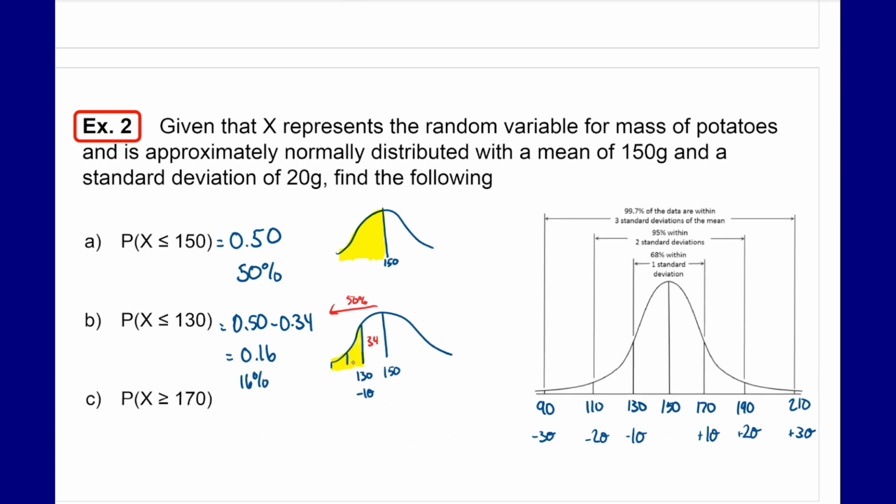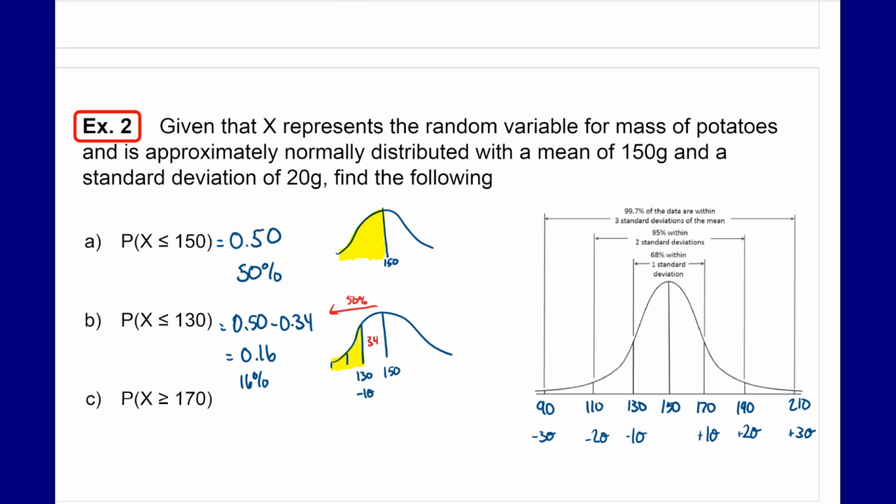So there's a 16% chance of the potato having a weight of less than or equal to 130. Right? So then that means having a weight of 130 to 150 is the 34%, which adds up to 50.